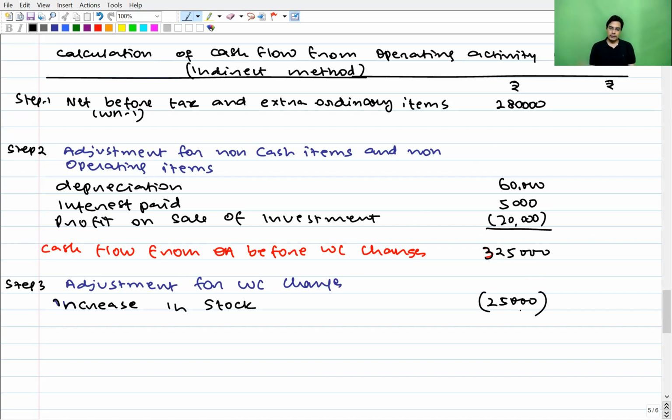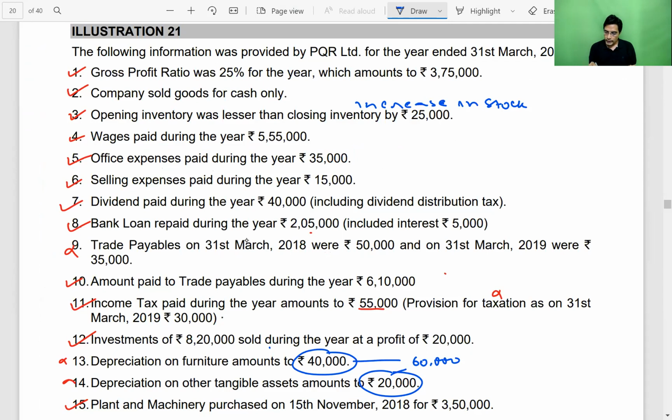Fine. Then next is trade payables. Opening trade payable is 50,000 and closing trade payable is 35,000. So there is a decrease in trade payable by 15,000.